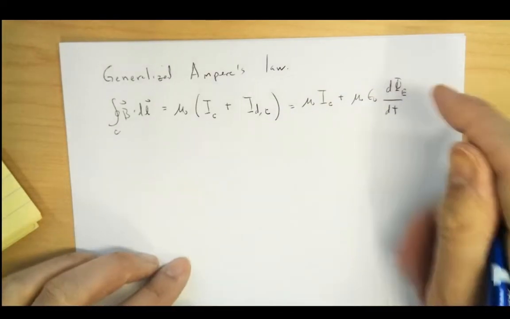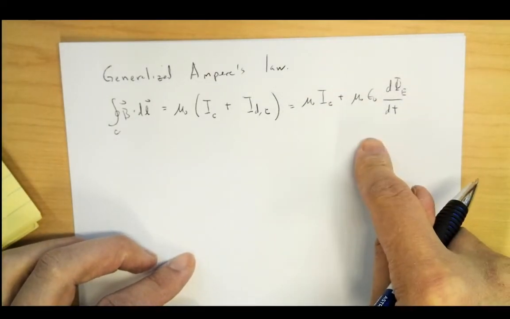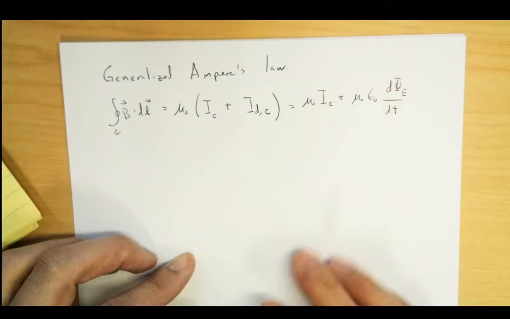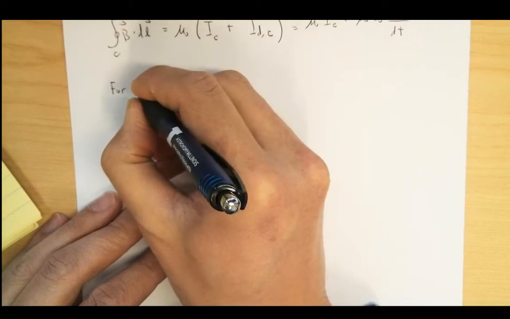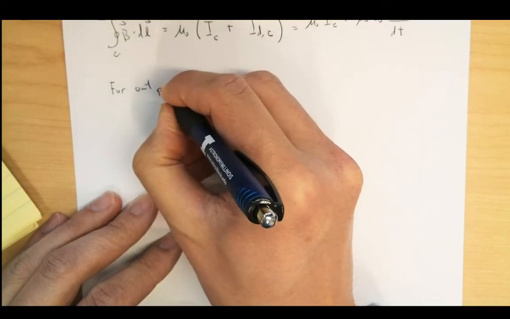Okay? So this is the extra term here. This is the extra displacement current.